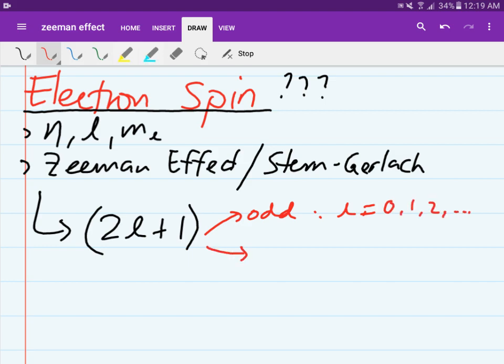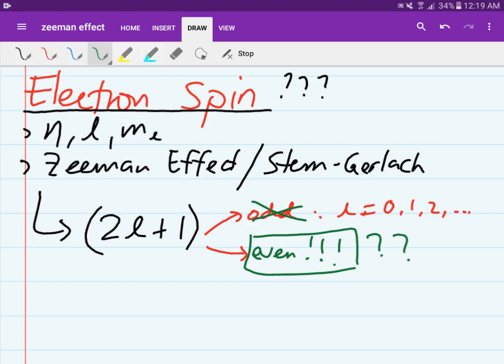But in experiments, they observe even. So there is a big question mark in these even numbers, and this is a major motivation for introducing the electron spin. So let's analyze this rule.